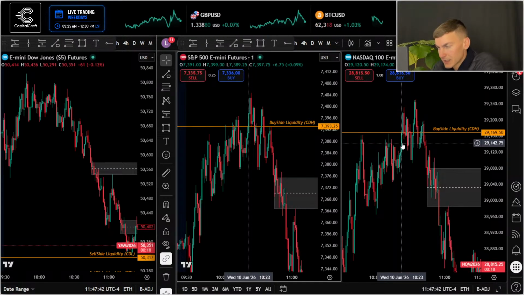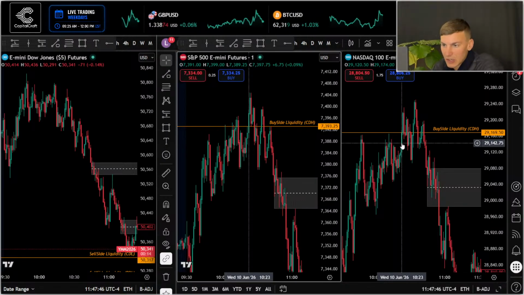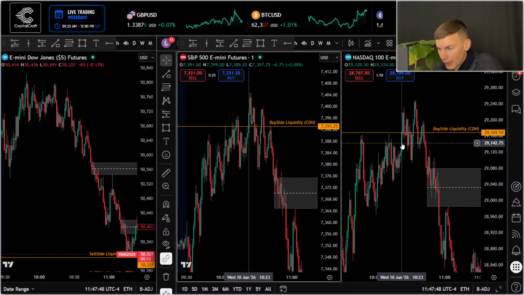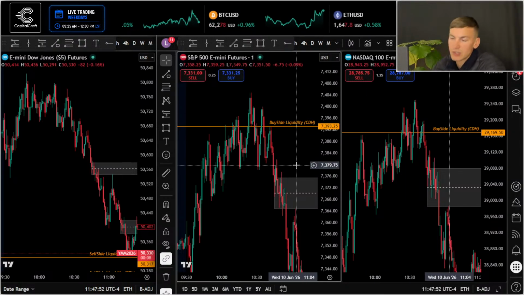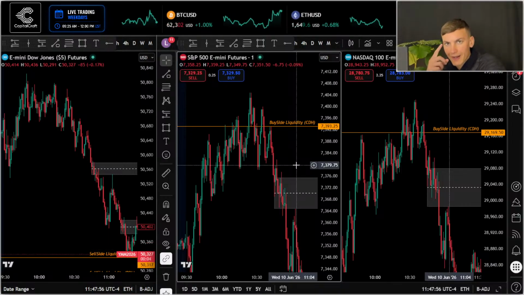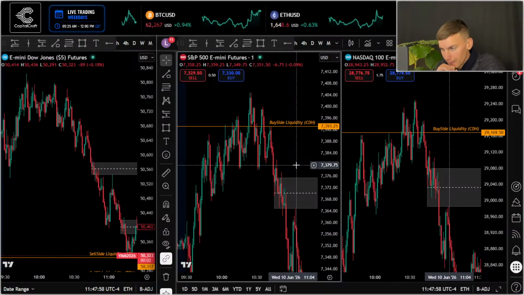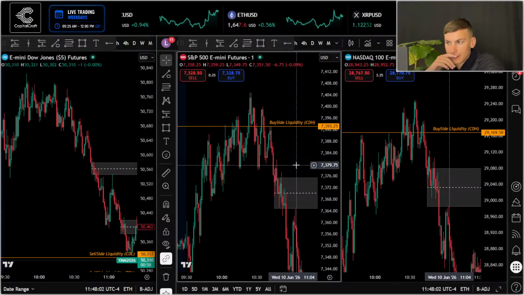Now, buy side acts as my draw once 2 of 3 take it out. It was just fucking idiotic from me. There's not really any other way of putting it. I had already taken buy side on the S&P, so 1 of 3 had taken buy side. Once the one other pair takes our buy side, we are done. We no longer have buy side as our draw on liquidity.